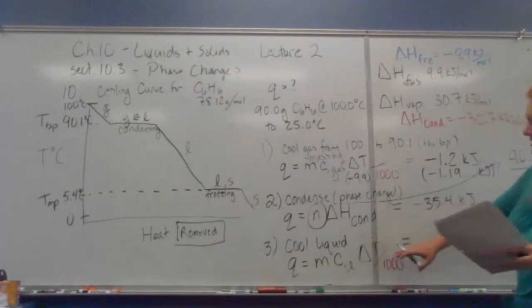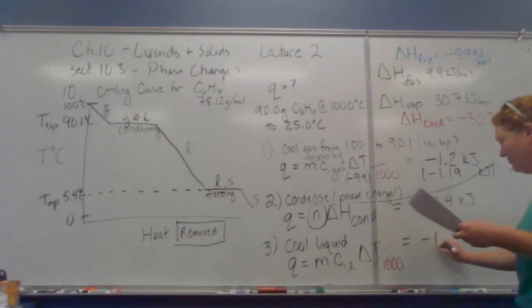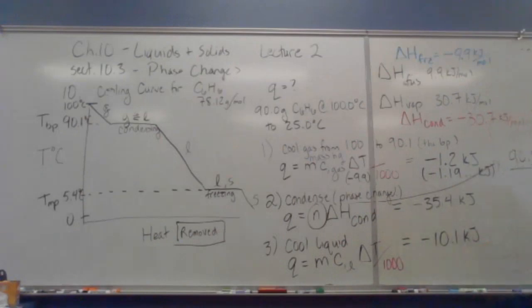And then the last step, cooling the liquid down to 25, I got negative 10.1 kilojoules, roundabouts. When you add it all together, the answer I want is the total. This is what I got, negative 46.7 kilojoules is how much heat is removed, right, Kent? Yeah.